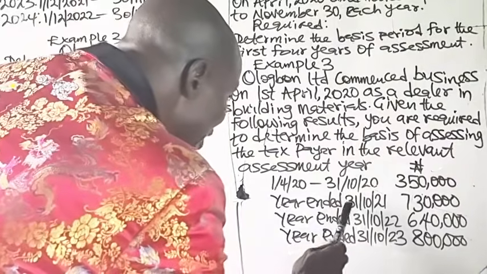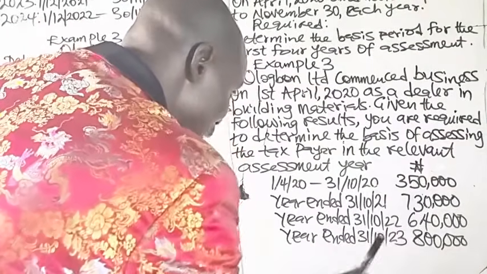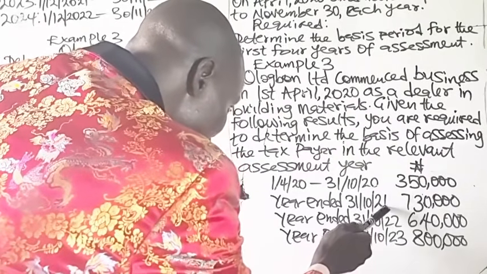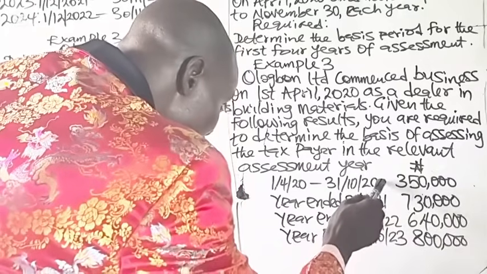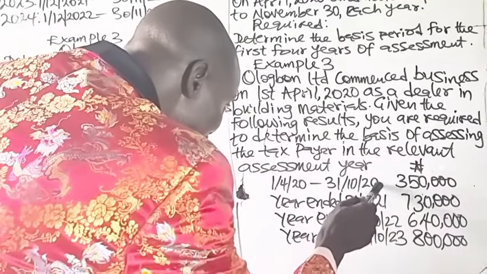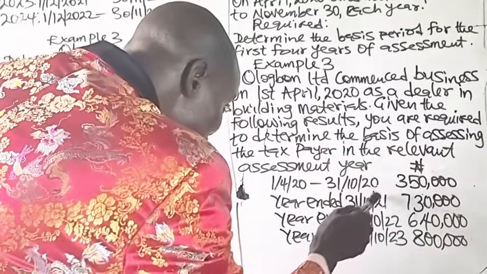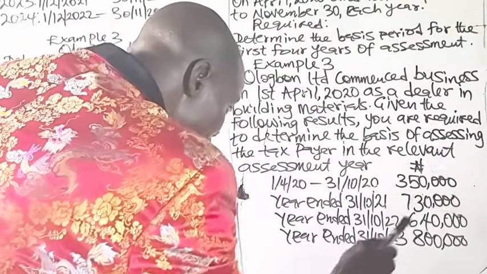Then year ended 31st of October 2021, profit of 730,000. Year ended means immediately after the previous date to the next 12 months, so this profit is from 1st of November 2020 to 31st of October 2021.